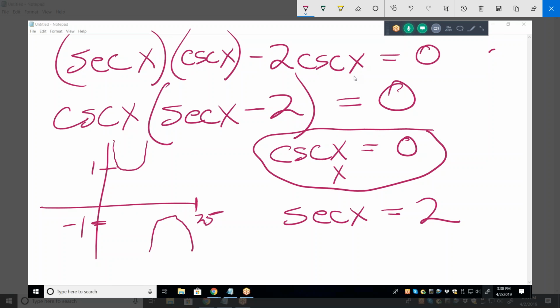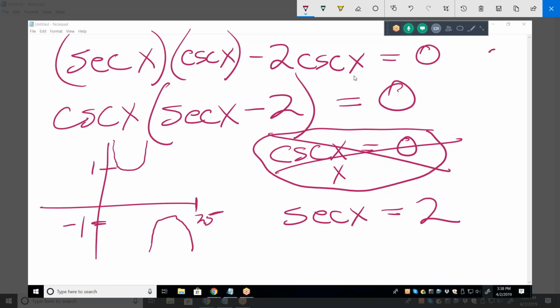It is never in between 1 and -1. It is always greater than 1 or less than -1. So when you get one of your solutions, in other words, this is basically a quadratic that we factored, and one of the solutions is impossible, that's fine. That's not the one that's equal to 0. It's the other one.